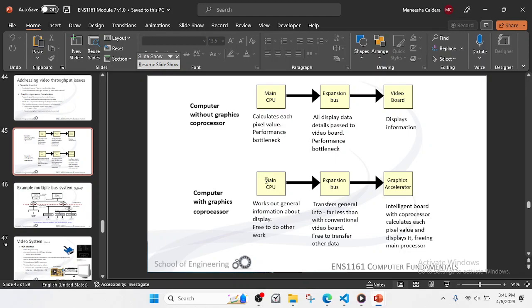Both do have a CPU, both do have expansion buses, and one does have a video board, the other one does have a graphic accelerator. So this is the point that you need to understand. This is the computer with a graphic coprocessor, meaning there's a specific graphics accelerator. What's the purpose? The purpose is for videos and game development and other stuff. Clear? All right, we understood something.